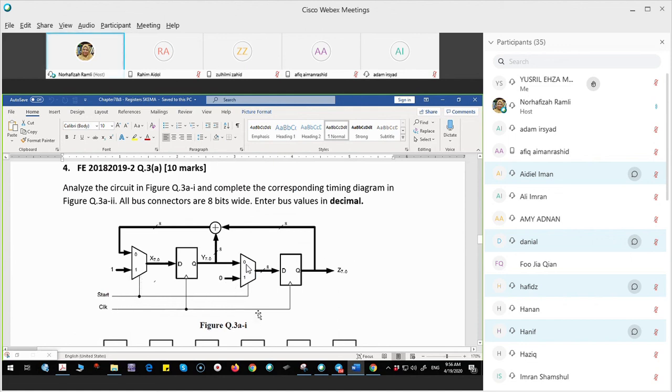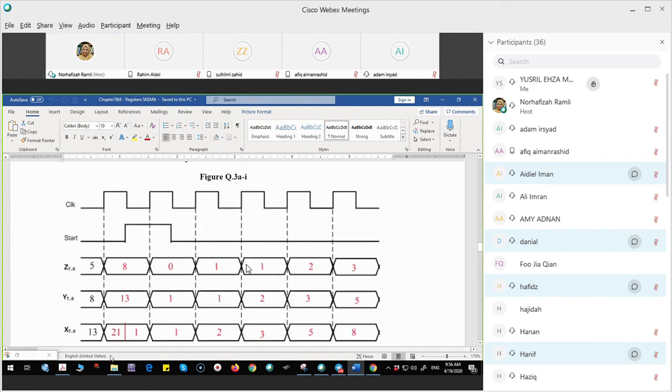The start goes here. This will insert 0. That is why, somehow, not sure, partially it does 8 plus 13, and another one you got 1. So please explore, and if you have a problem, then you can discuss now with your group. Otherwise, if you still have problems, you discuss with me.